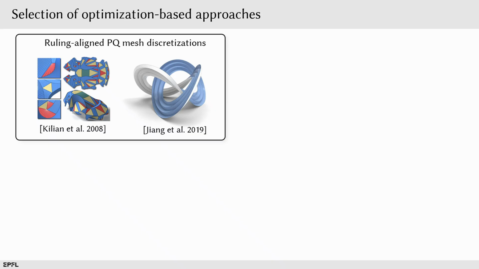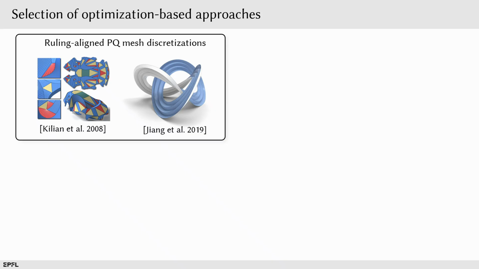These approaches have a drawback: with rapidly changing rulings, this becomes harder to tackle. If you look at a developable patch, there are infinitely many possibilities how to position this patch with the same ruling layout in space. But if you move it freely, the rulings will change, and you might end up having rulings that go in the very opposite of your initial ruling direction, and this then requires special treatment.